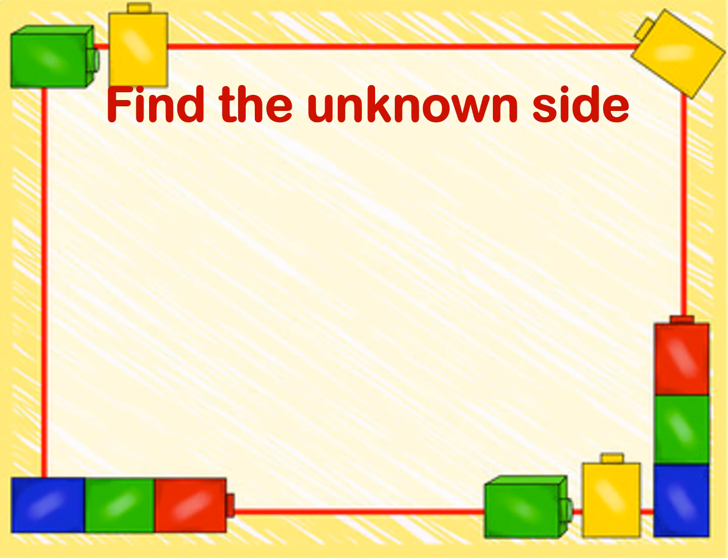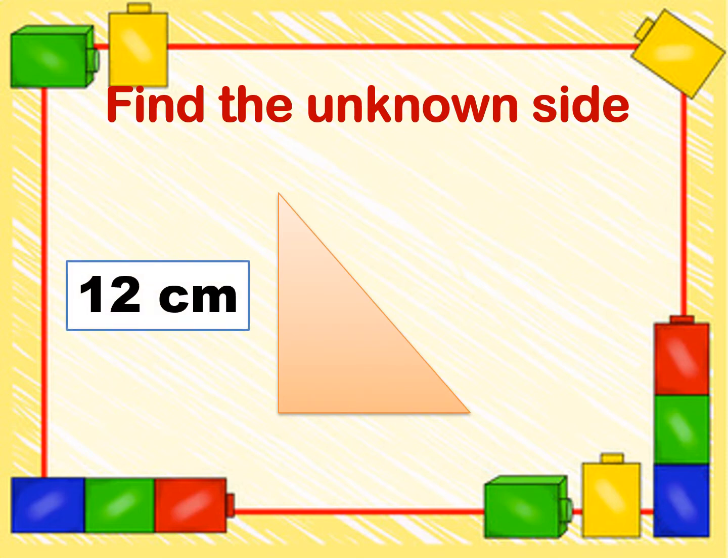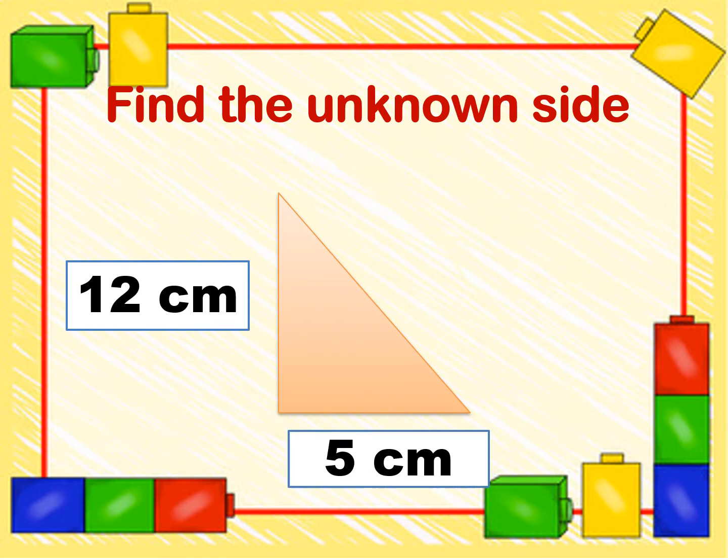Let's try to find the unknown side of this right triangle. One side is 12 centimeters and the other side is 5 centimeters. By looking at the picture, side C is unknown because that is the longest side. Therefore, we are going to use the formula c squared equals a squared plus b squared.